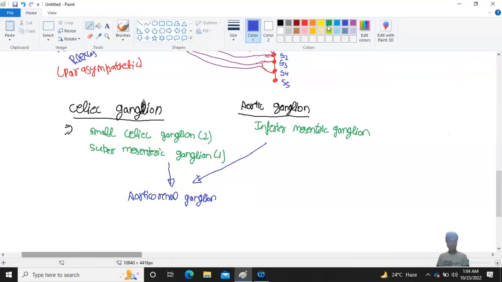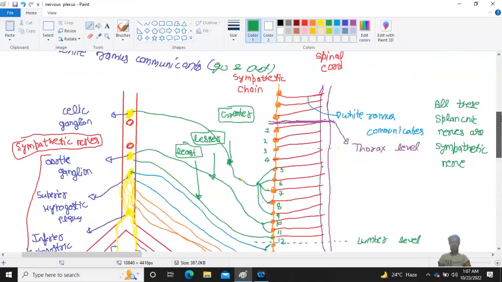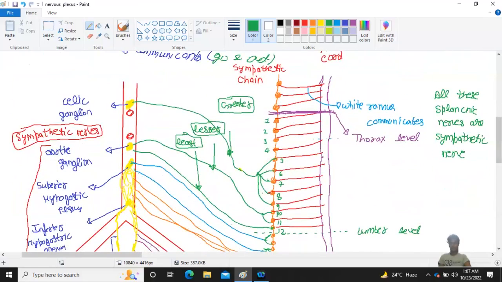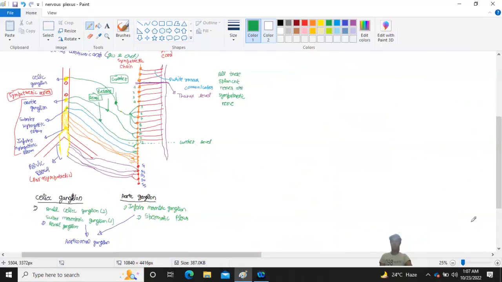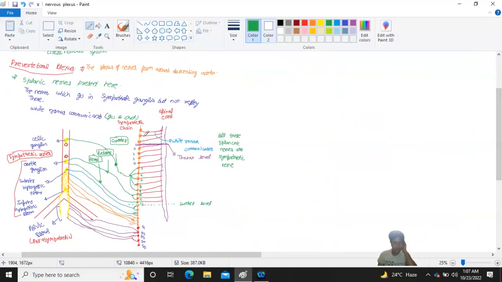One important ganglion is the celiac ganglion, and the renal ganglion is also present. So another one here is the spermatic plexus. The spermatic plexus also connects here. So basically this is the whole sympathetic supply. Remember, this plexus is for sympathetic supply: the spinal cord, the sympathetic chain.